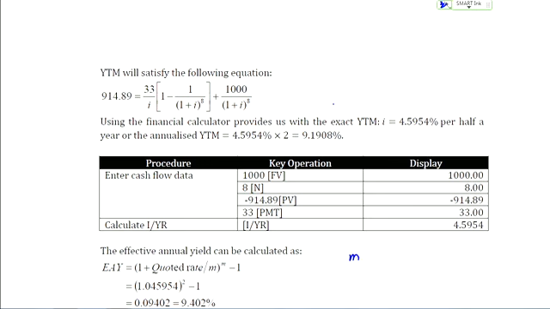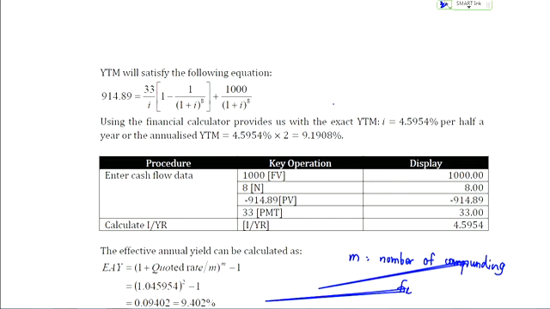Remember, m is the number of compounding frequencies per year, right? I can't do anything with that writing, so you have to bear with me. In this case, it is compounded twice a year, and that's why m is equal to 2.